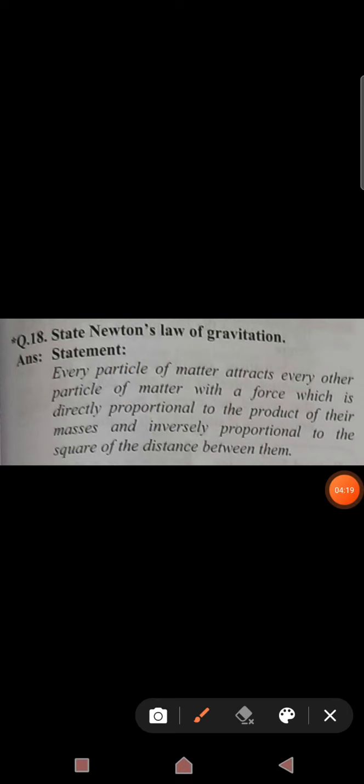So F is equal to G m1 m2 upon r square, where capital G is a constant and this constant is known as the gravitational constant.